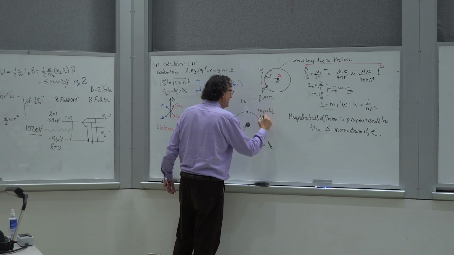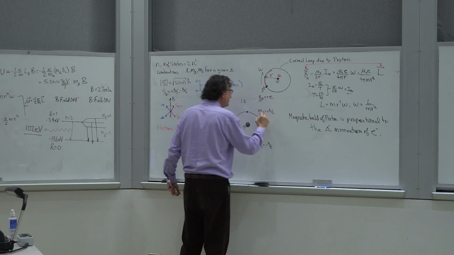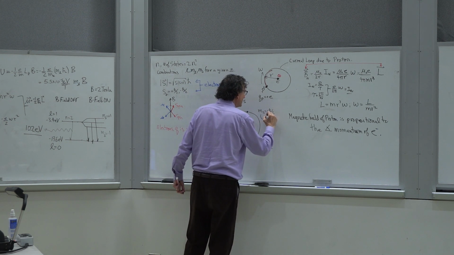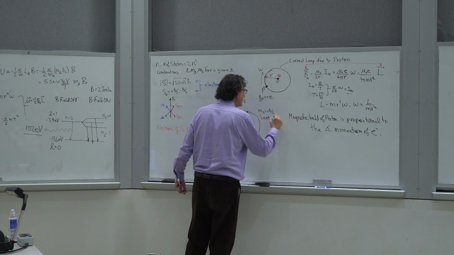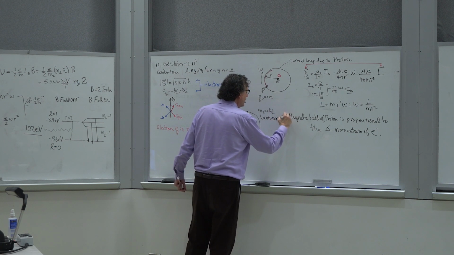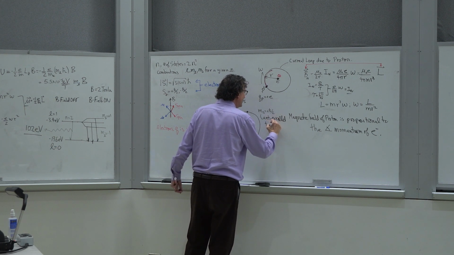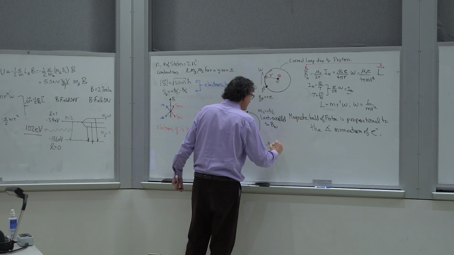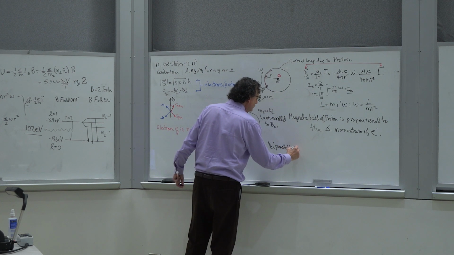One will be anti-parallel to B nuclear, and this one will be parallel to B, the nuclear magnetic field.